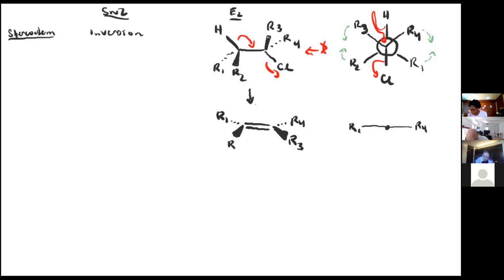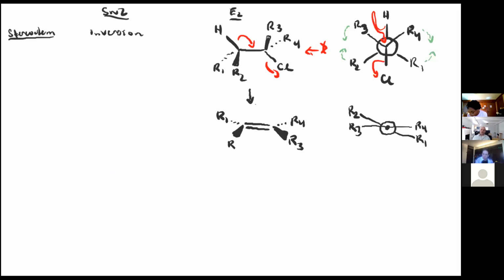So there's R3 and R4 on the left on the front carbon. I've got my back carbon, and R1 and R2 are in the same plane. We'll offset them a little bit so we can see them. So R1 and R2. The point is that they're on the same side of the alkene, okay?